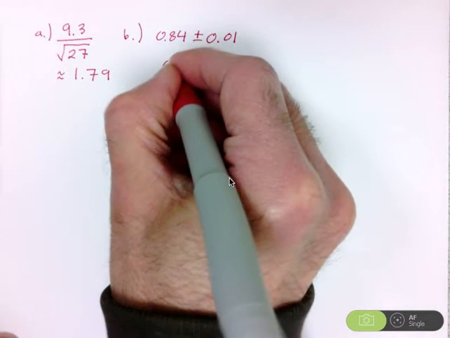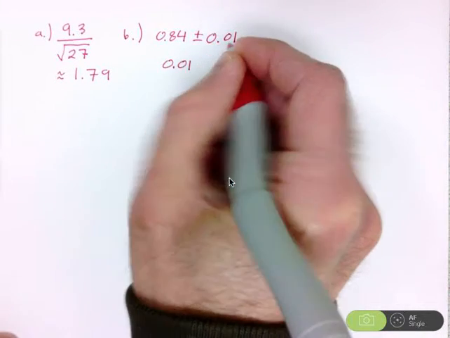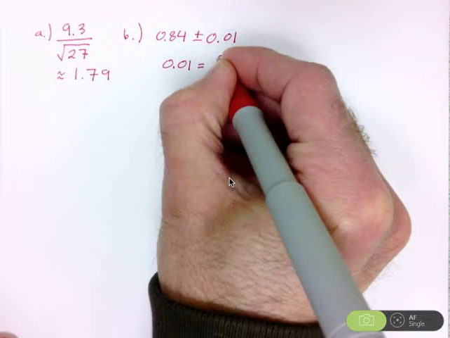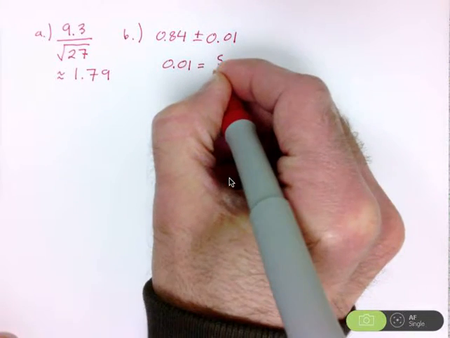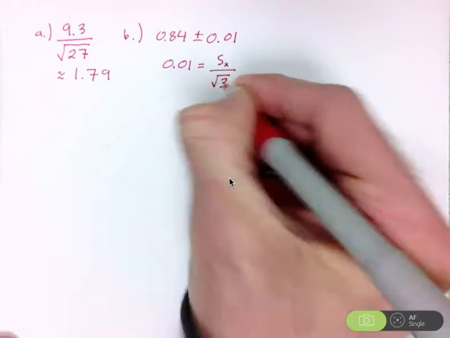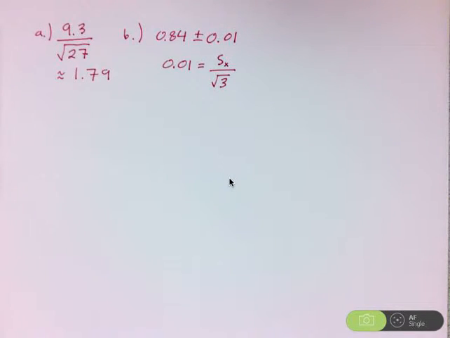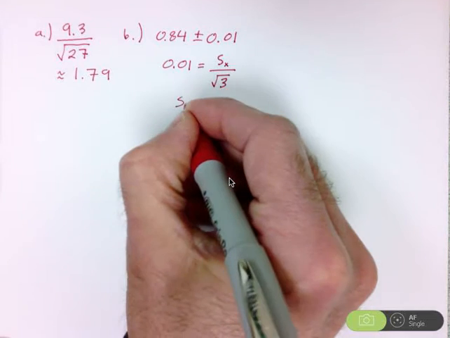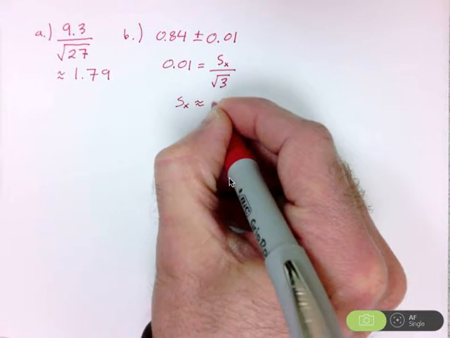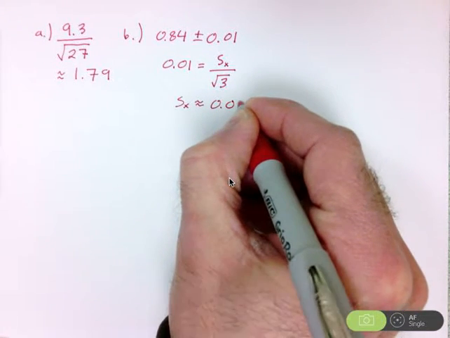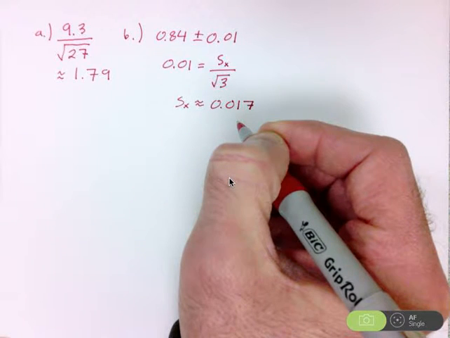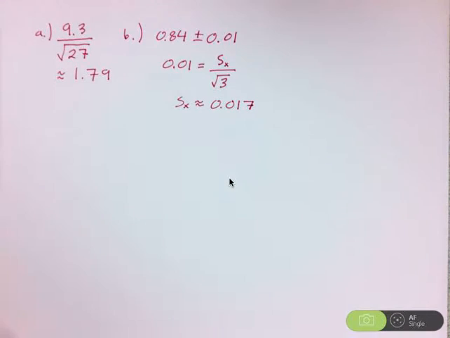So literally, I know that's the standard error. So that has to be the sample standard deviation divided by the square root of 3. So all I need to do is take 0.01 times the square root of 3, and I should be good to go. So my sample standard deviation is approximately, let's call it, 0.017-ish. So that's all there was to question 10.27.